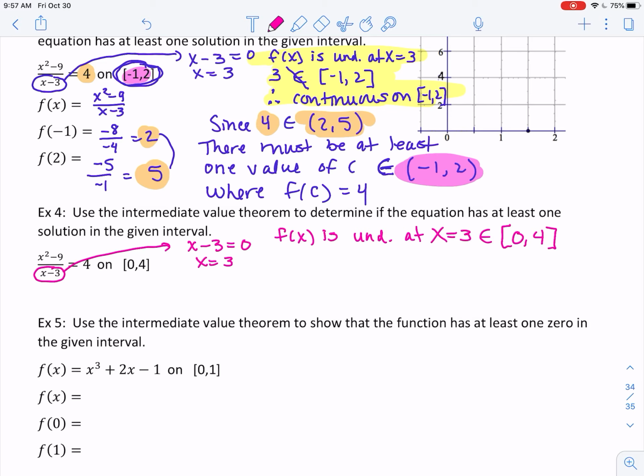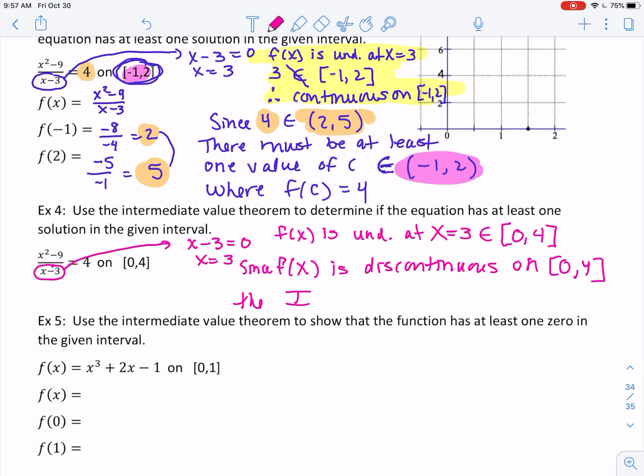All right, so f of x is discontinuous. So I'm going to write since f of x is discontinuous on the closed interval 0, 4, the intermediate value theorem is inconclusive.